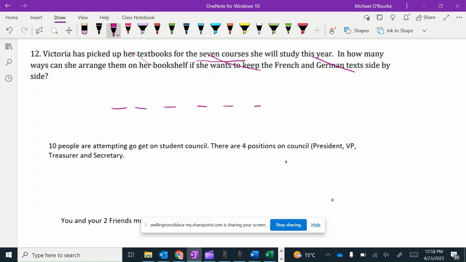See, this is how I do this one. French and German have to be beside each other. So I do my box method here. I said beside each other, but not one next to the other, like one goes first. Then I would count up 2, 3, 4, 5, 6. So I would answer 6 factorial times 2 factorial.